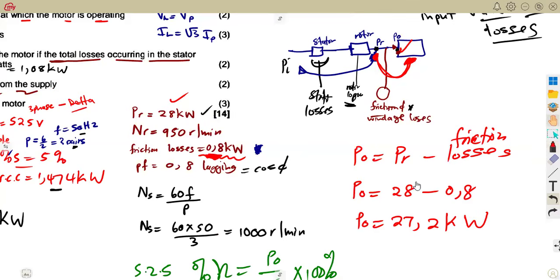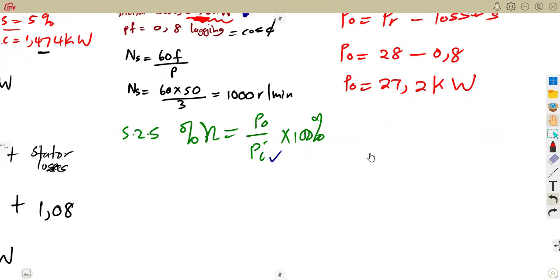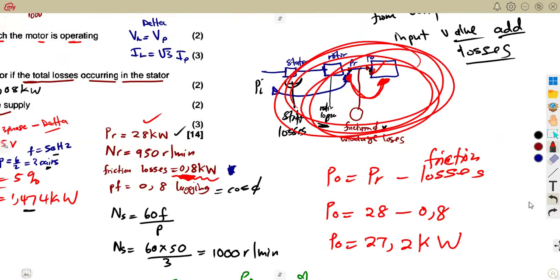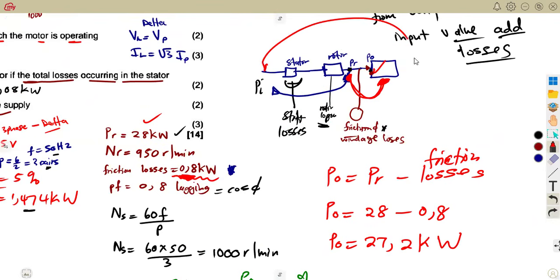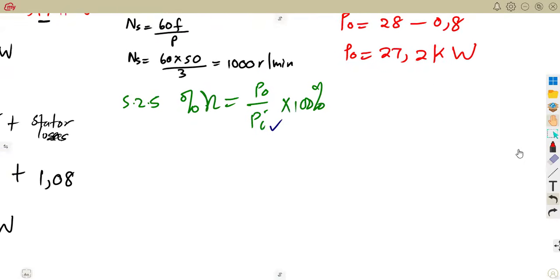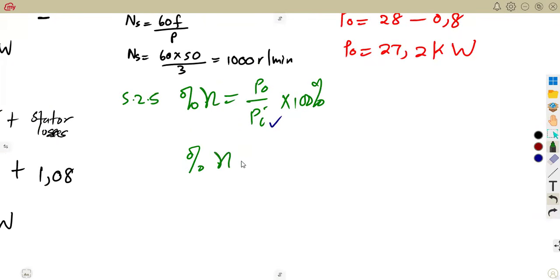With this output power and the input, starting to the end, you must calculate efficiency because of the overall, from where you started to the ending part. So we cannot end where the rotor is because there are losses after that rotor. So we must subtract those losses to obtain output. Now with that, efficiency can be calculated. So the percentage efficiency was going to be what?